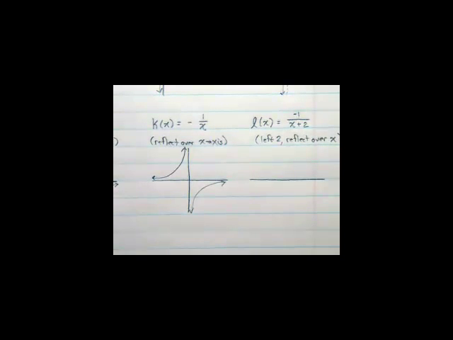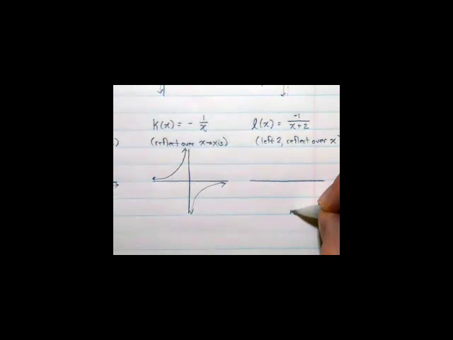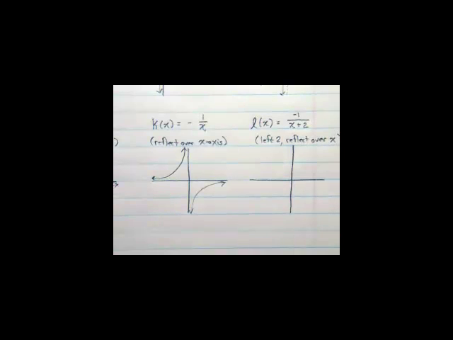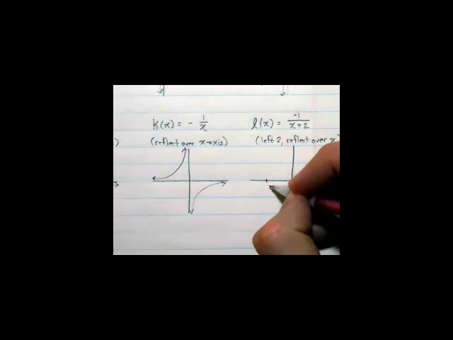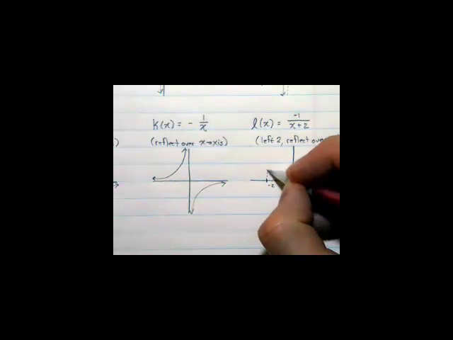So it's to the left 2, but then also reflected over the x-axis. All right, so that vertical asymptote is going to come over to negative 2 now.